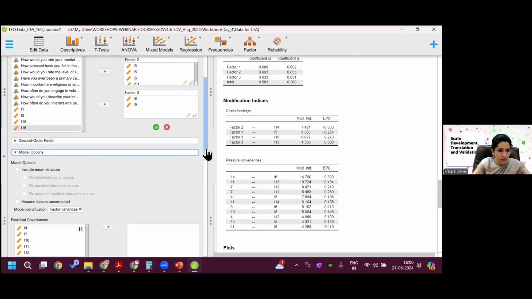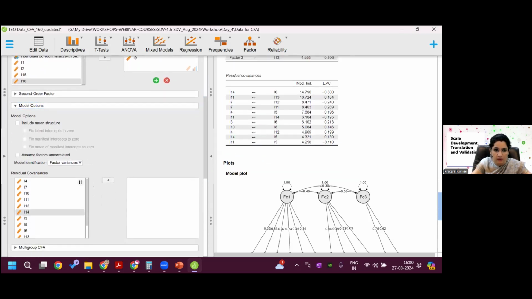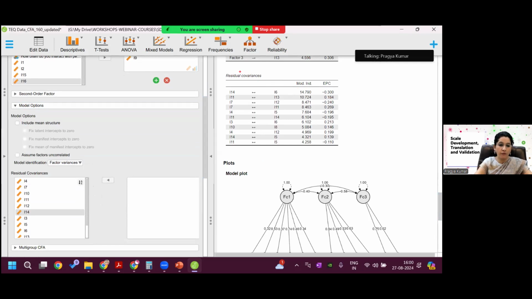You can see there is residual covariances, this one. In this case I have to see the modification index of the covariances. Here I will enter these and see how the model is performing.